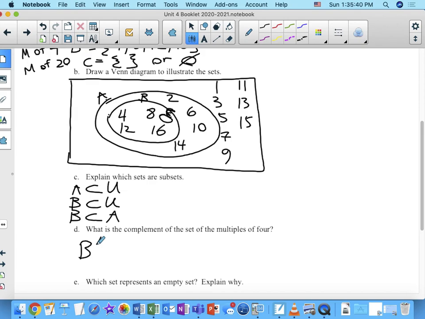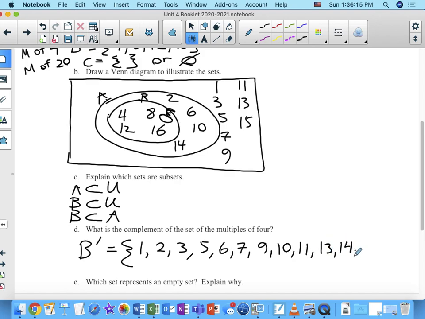So I've got 2, 4, 6, 14. And to be honest, you don't have to, but I tend to do them in numerical order if I can. So I'm going to go 1, 2, 3. Okay, and then I'm going to go 4 is skipped because that's in B. 5, 6, 7. 8 wouldn't go in because it's in B. 9, 10, 11. 12 isn't going to go in. 13, 14, and 15.